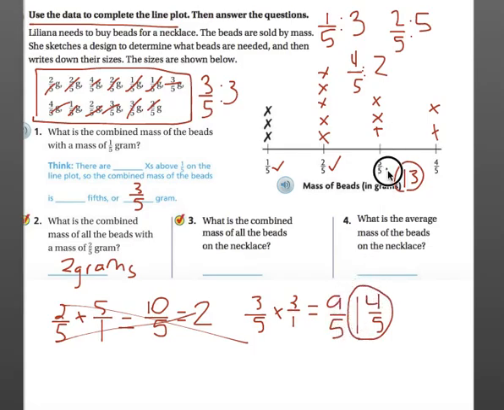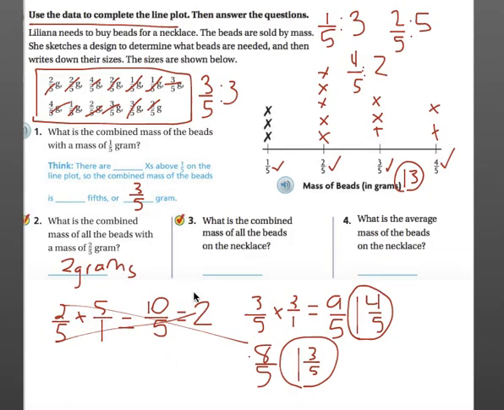And then I've done that, so now I need to do 4/5. There's 2 4/5. Well, I know that 4/5 plus 4/5 equals 8/5. And 8/5 would equal 1 and 3/5. So now I know the grams for each of the separate bead categories. Now I just need to add all of those together.